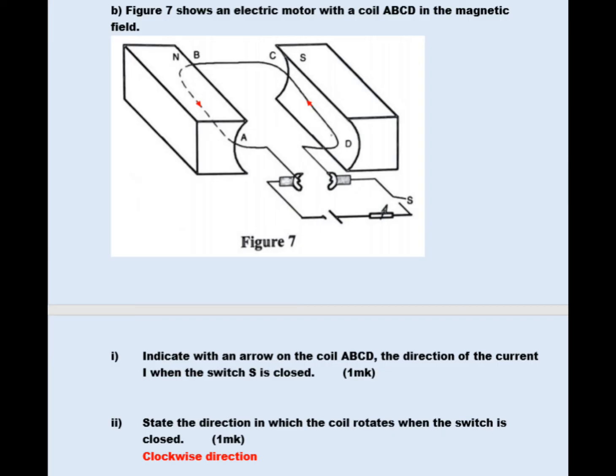Indicate with an arrow on the coil ABCD the direction of the current when the switch S is closed. You know current will start from the positive terminal through the variable resistor, through D, through C, through B, through A, back to the negative terminal. So you just require to indicate with an arrow on the diagram on the wire.